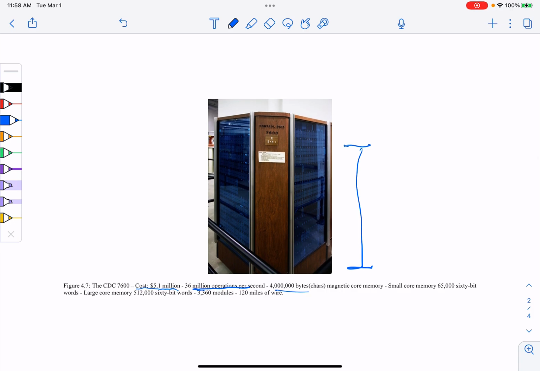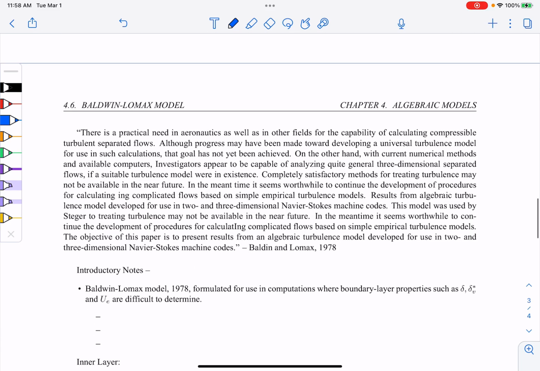Okay, so let's look at some things about these people. Here's one quote from Baldwin and Lomax, from their paper, that I pulled out to motivate the model. It's kind of general, but they said there's a practical need in aeronautics as well as in other fields for the capability of calculating compressible, turbulent, separated flows.